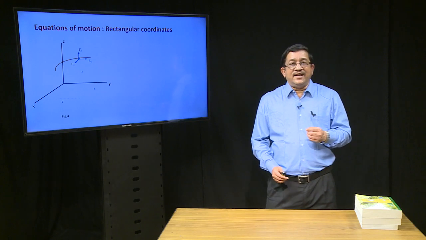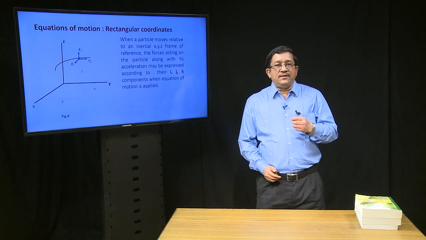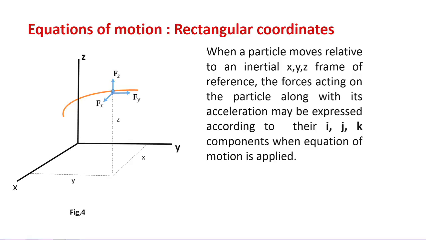Now, let us consider rectangular coordinates. Suppose a particle moves relative to an inertial xyz frame of reference, and the forces acting on the particle along with its acceleration may be expressed according to their ijk components when the equation of motion is applied.